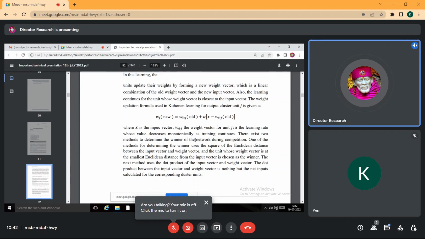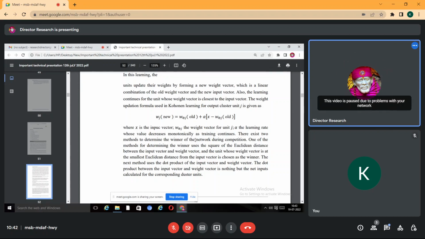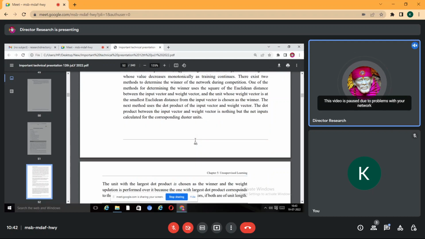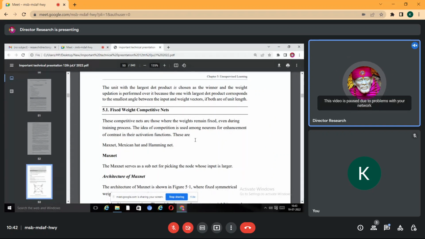The dot product between the input vector and weight vector is nothing but the net input calculated for the corresponding cluster units. The unit with the largest dot product is chosen as the winner, and the weight updation is performed over it, provided the weight vectors of all the units are of the same length.